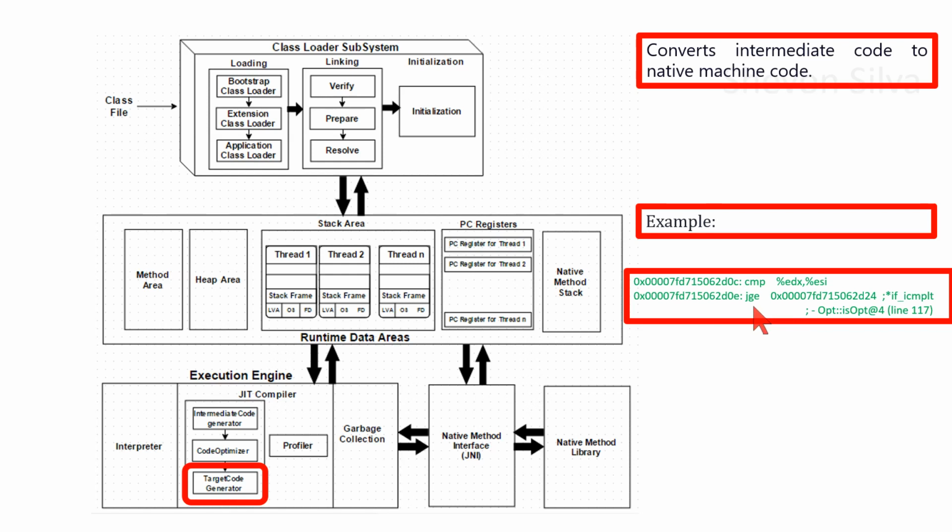This assembly instruction means jump if greater or equals, corresponding to the else statement in the optimized code in branch prediction.